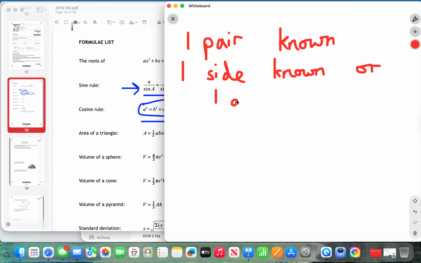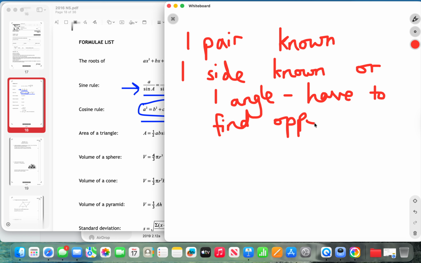So it's one side known and you have to find the angle opposite it, or one angle known and you have to find the opposite side.